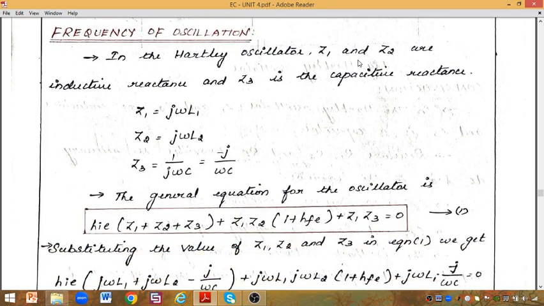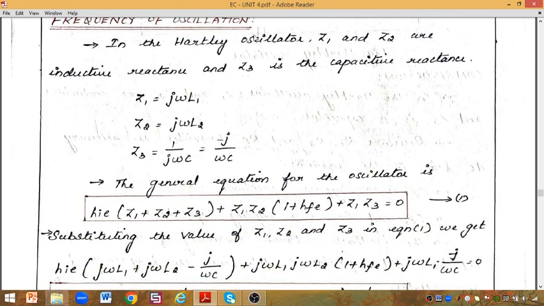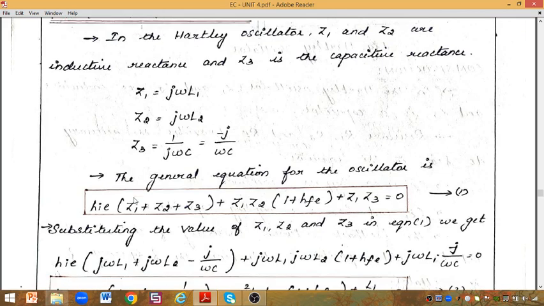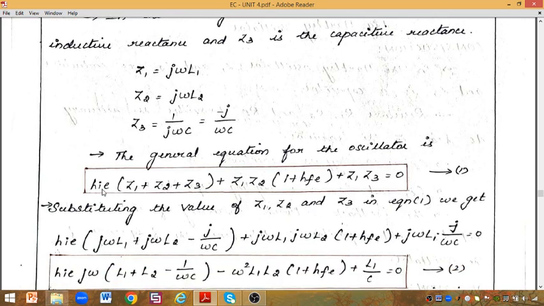In order to find the frequency of oscillation, from the circuit we can write Z1 as j omega L1. So it is an inductive reactance, and Z2 is j omega L2, and Z3 is given by 1 by j omega C, which can also be written as minus j by omega C. And the general equation for the oscillator is given by HIE into Z1 plus Z2 plus Z3 plus Z1 Z2 into 1 plus HFE plus Z1 Z3 equal to 0.